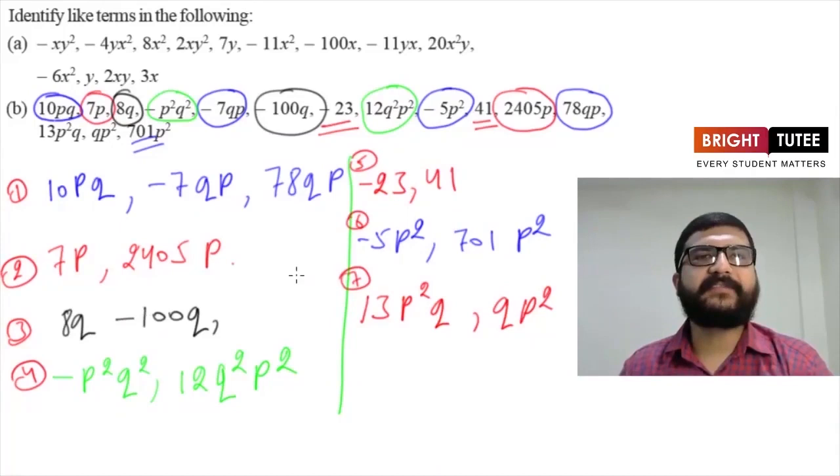So for identifying whether the terms are like terms or not, we just have to simply check the variables included in those terms. If the variables are exactly same and their powers are also same, then the terms are like terms, otherwise they are unlike terms.